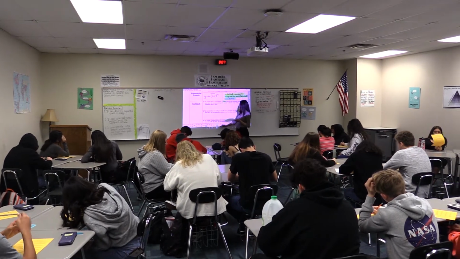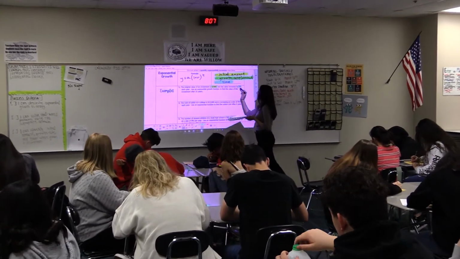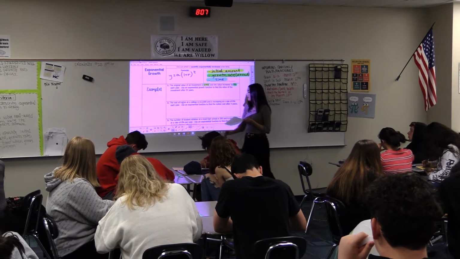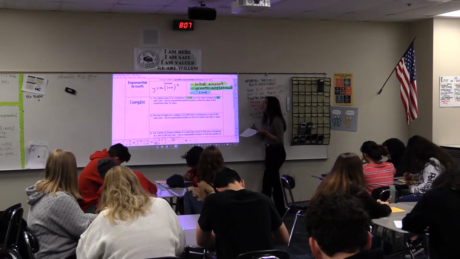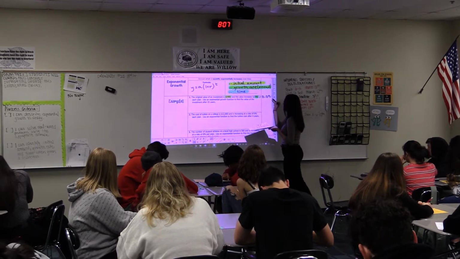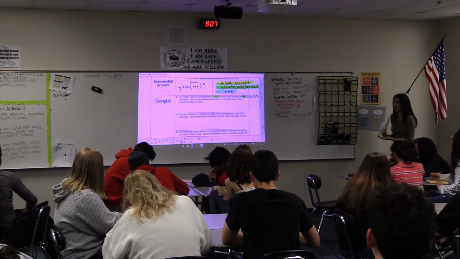What about the growth rate? 9%. How would I represent that as a decimal? 0.09. Good. Don't get confused. Some people would think it's 0.9. All right, that would be 90%, not 9%.